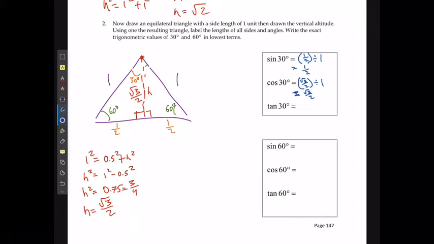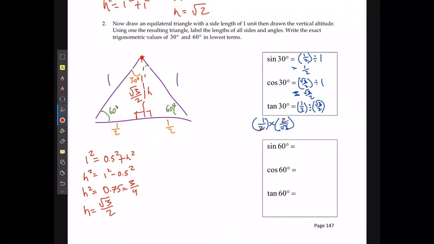And for tan, I'm going to say that the opposite, 1 over 2, divided by the adjacent, root 3 over 2, well, that would be the same as 1 over 2 times 2 over root 3.